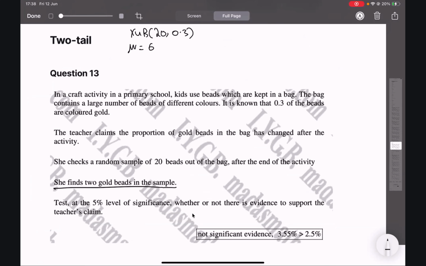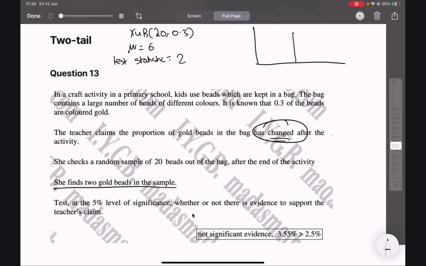It's the same question we did before, but it's 2-tail this time because it's whether or not there's evidence it's changed rather than increased or decreased. But the method's still the same. You've got a test statistic of 2.